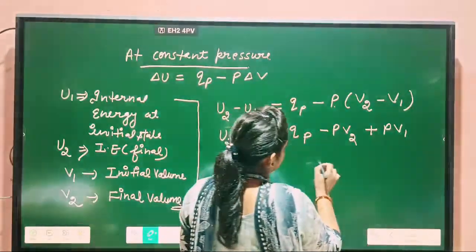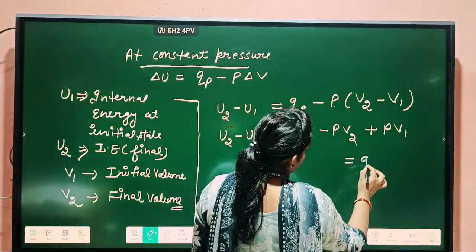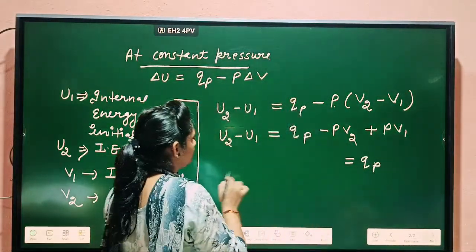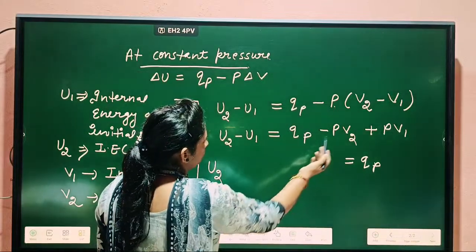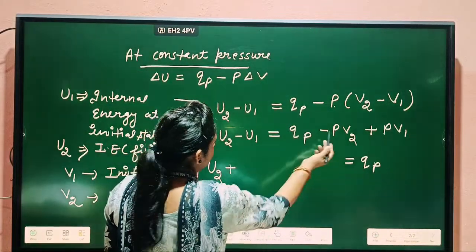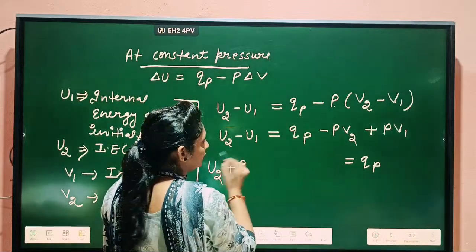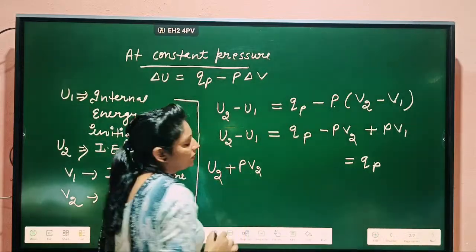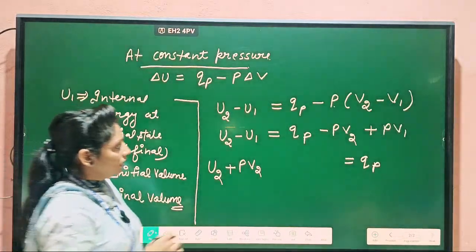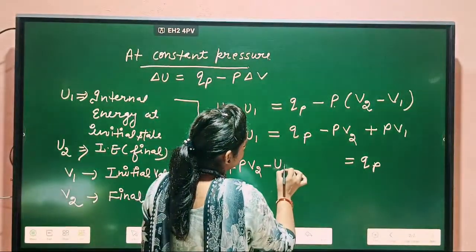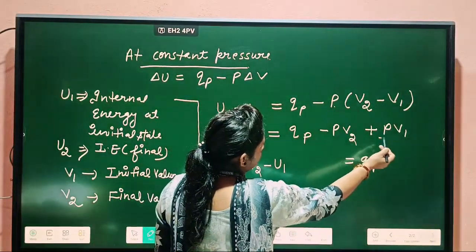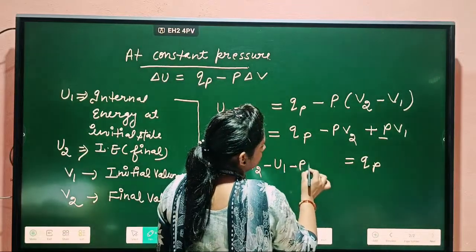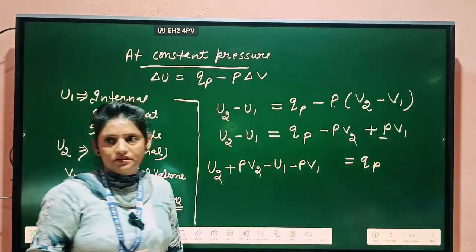If I write QP on one side, then U2 minus... this is minus. If I take it to the opposite side, then it becomes plus. Then minus U1, this is plus, and on the opposite side it is minus.